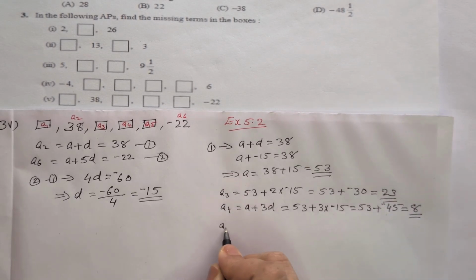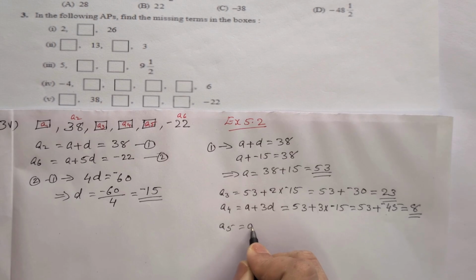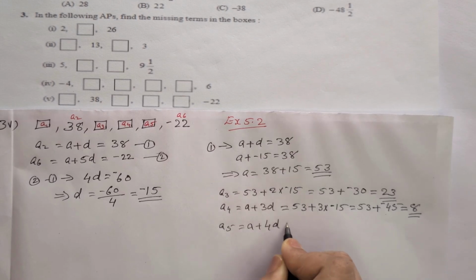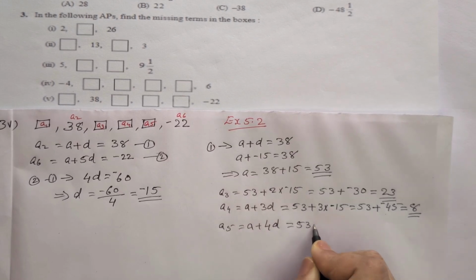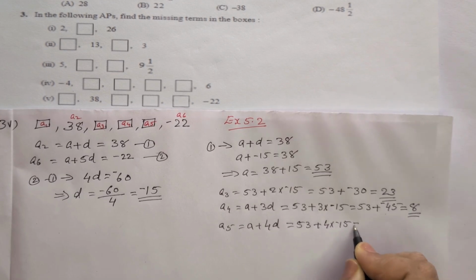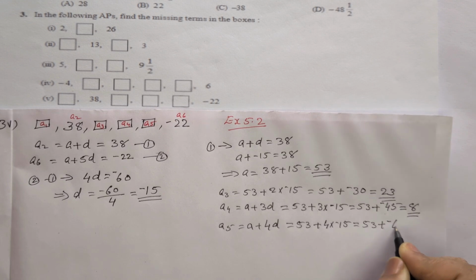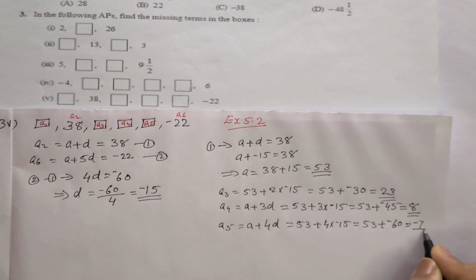Now A5. A5 means A plus 4D, which means 53 plus 4 into minus 15, which is equal to 53 plus minus 60, which is equal to minus 7.